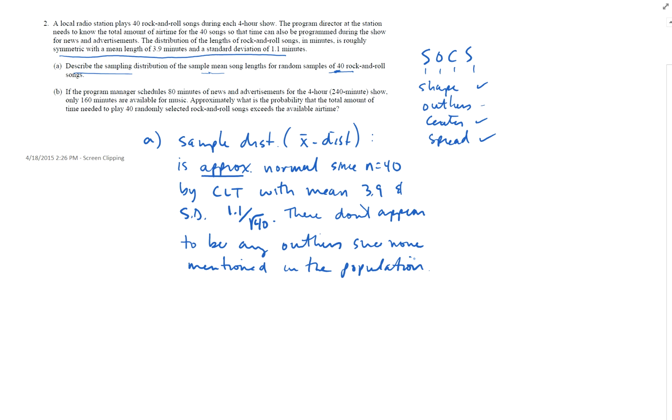Okay, so there we took care of each of those. Shape, approximately normal; center is the mean; spread is the standard deviation. Okay, so good.